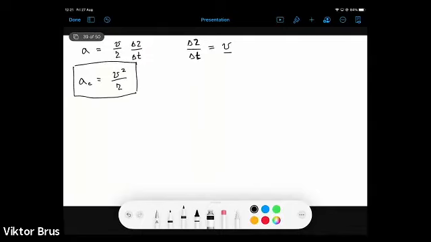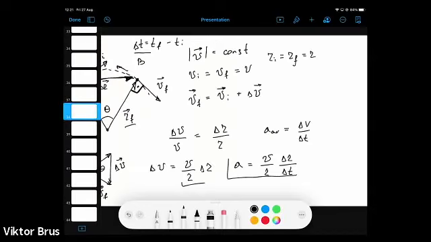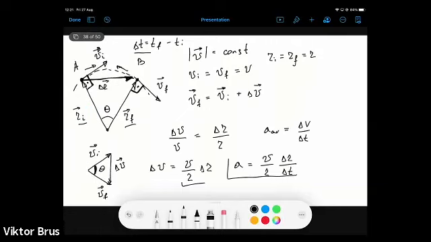What is important here is, first of all, as you have seen from the previous figure, for instance this velocity triangle, this acceleration does not originate from a change of the absolute value. Vectors v initial and v final have the same magnitude.